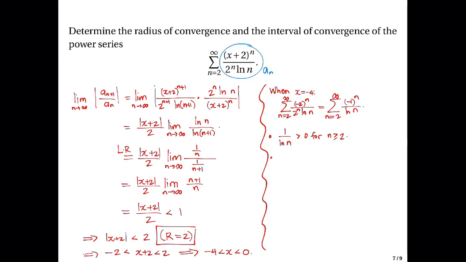We know that as n increases, ln n increases, and so 1 over ln n decreases.